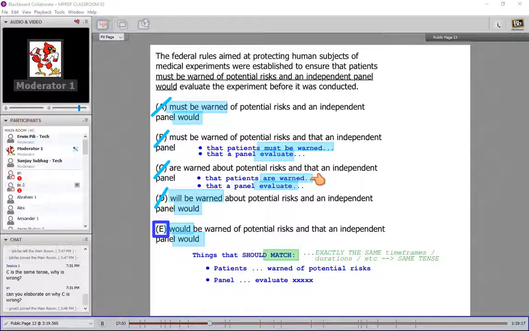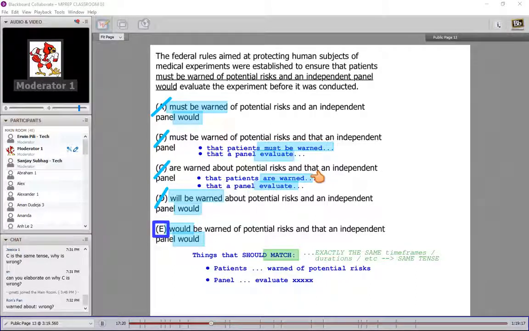Thanks. This is just a regular present tense. Give me a smiling face if that makes sense. Okay, this is the regular present tense.